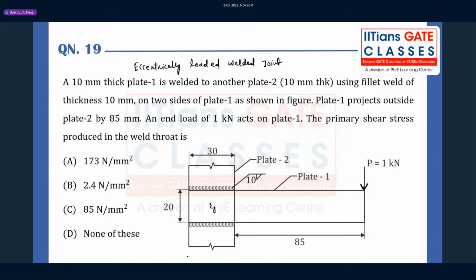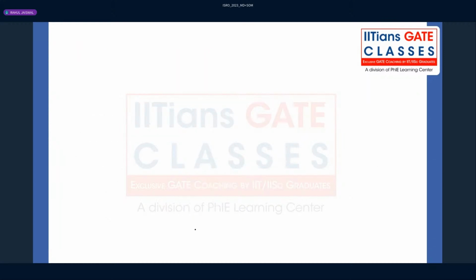So whenever you have this type of scenario, how many stresses will be developed? Two types of stresses will be developed. First will be transverse shear stress. Second will be torsional shear stress, right?